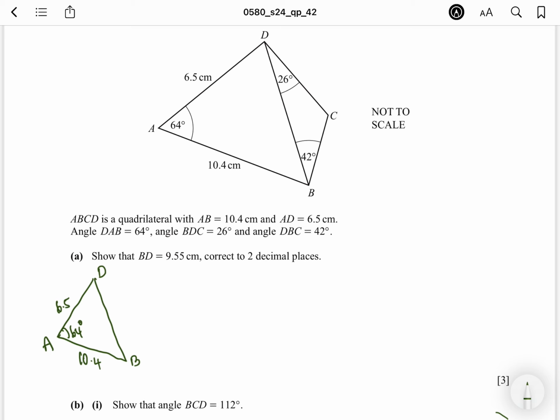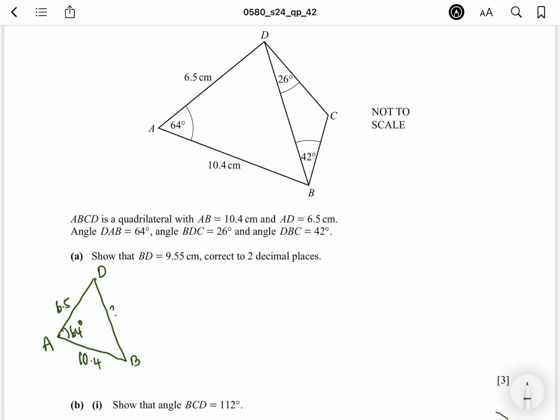Okay? And this one it needs to find. Automatically you would know what formula you should use. It's a triangle problem.